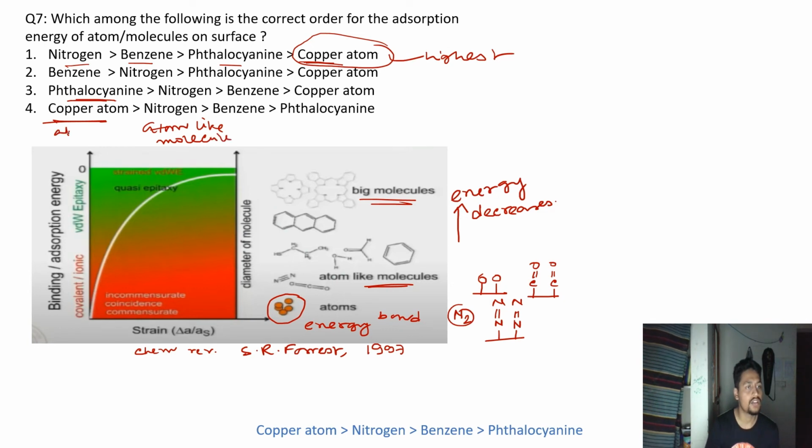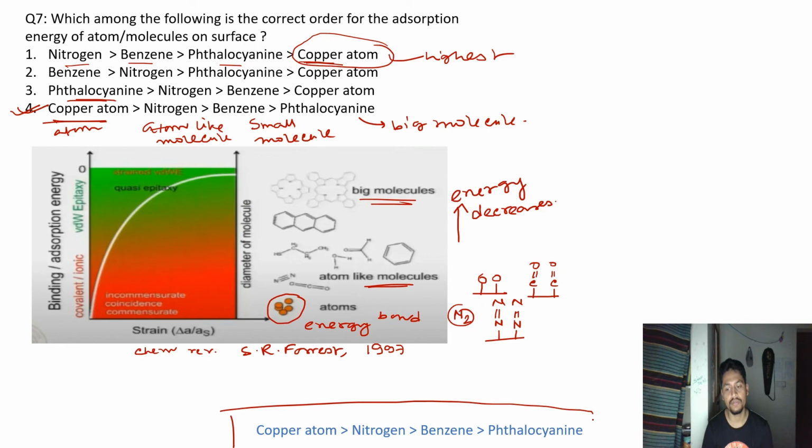This is an atom, this is a small molecule, and this is a big molecule. So in total, in case of atomic adsorption, the energy is going to be the highest. So this is the answer. This is a very simple and very good question.